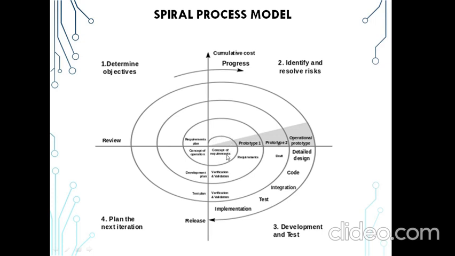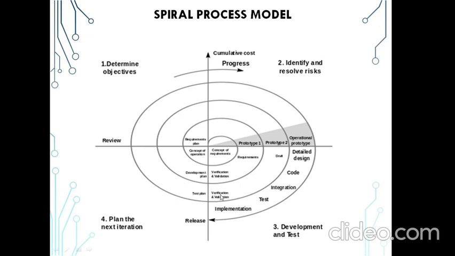Initially, when we start this spiral process model, the concept of the requirements is there. Then the concept of operation and requirement plans are taken, and based on the requirement plans, the first prototype is released for the user to identify and resolve the risk. Thereafter the requirements are gathered, verified and validated, and the next plan is developed and released as a second prototype.